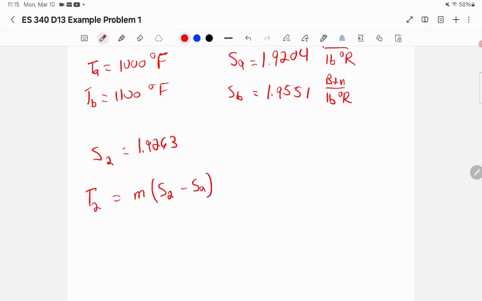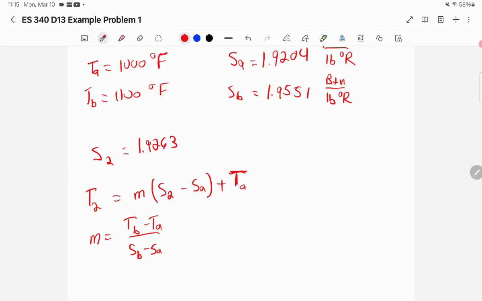It could have been SB, but then the next part would have to be also TB. But in this case, I'm just going to use SA and TA. Okay, and then M is going to be equal to TB minus TA over SB minus SA.